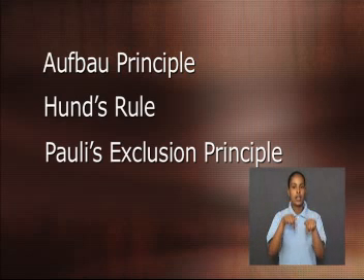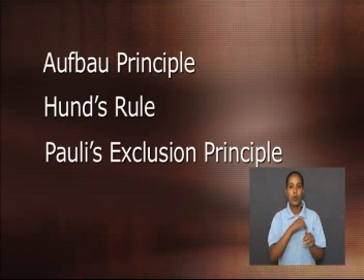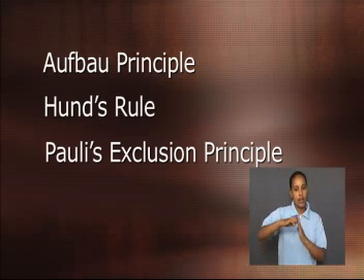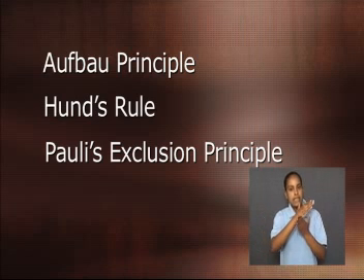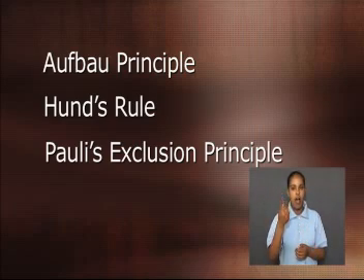In today's lesson, we are going to learn about the Aufbau principle, which is also called building up principles. We will also write the electronic configurations of some elements. We will discuss Hund's rule and Pauli's exclusion principle in our next lesson.